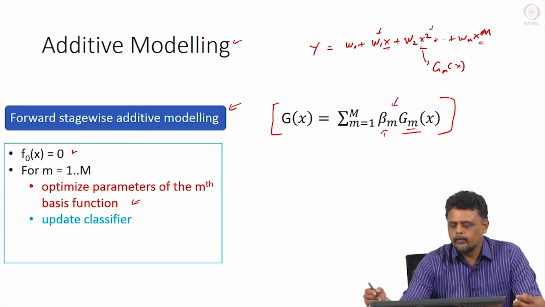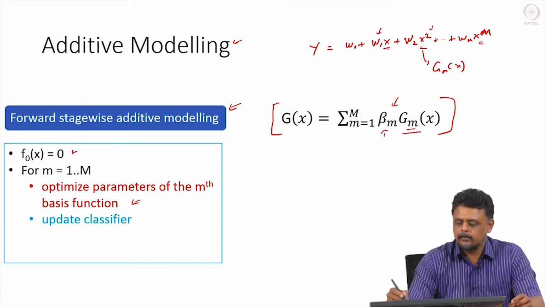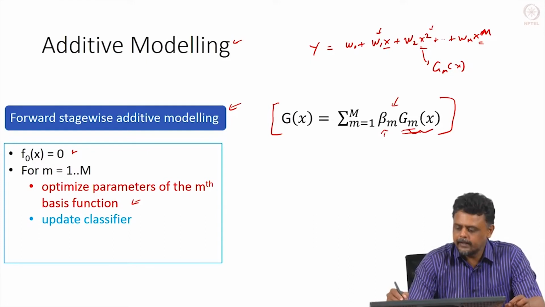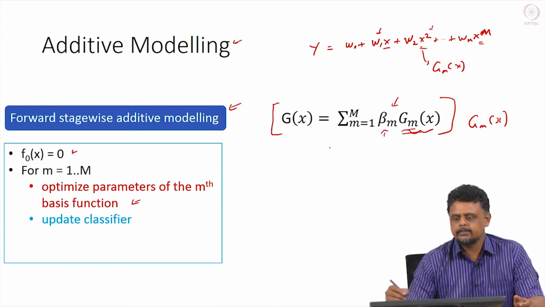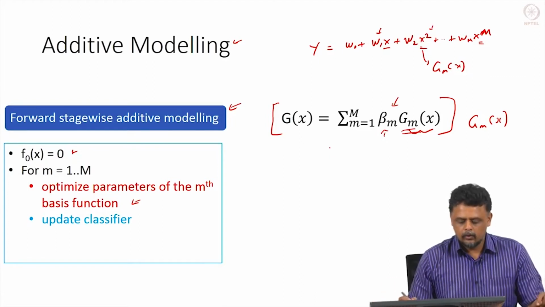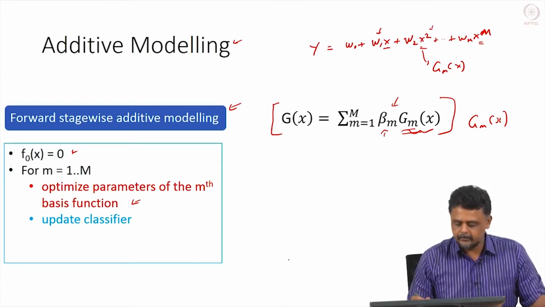Now, when we put this in the cost function, it becomes very difficult to determine. So, in every iteration we only estimate that particular g_m. In the mth iteration we will only estimate g_m of x, okay, without changing the parameters of the first m minus 1 classifiers that we have built. Okay. So, for every iteration, optimize the parameters of the mth basis function.